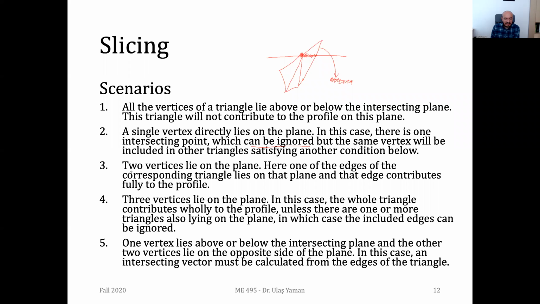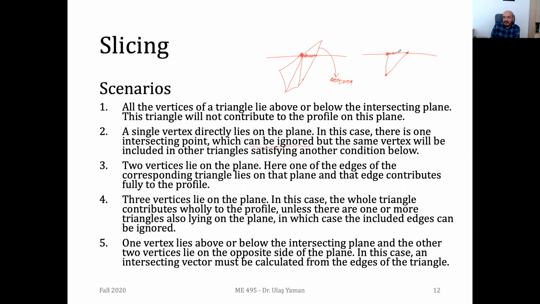And then let's have a look at the third one. Two vertices simply lie on the plane. So that might happen. Now I will draw this case. Assume that this is our triangle, and we have such a slicing plane going through our line segment here.